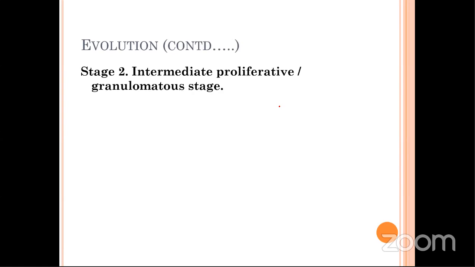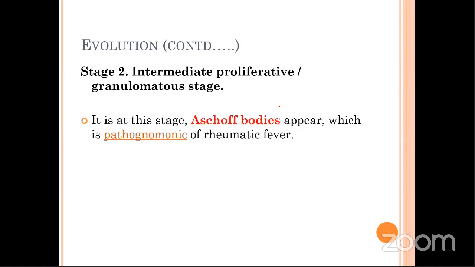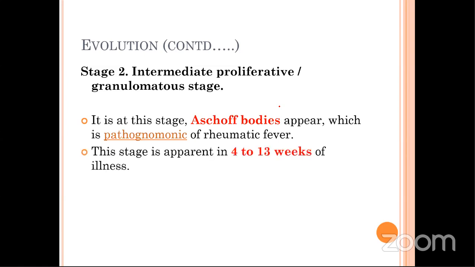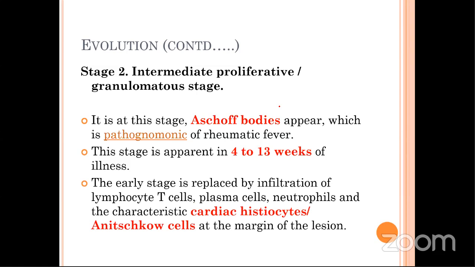Stage 2 is the proliferative or granulomatous stage. In this stage, the granuloma forms, and the Aschoff bodies proper appear. The early stage is replaced by infiltration of lymphocytes, plasma cells, neutrophils, and characteristic cardiac histiocytes, the Anitschkow cells, which appear at the margin of the lesion, as I showed you in that diagram before.